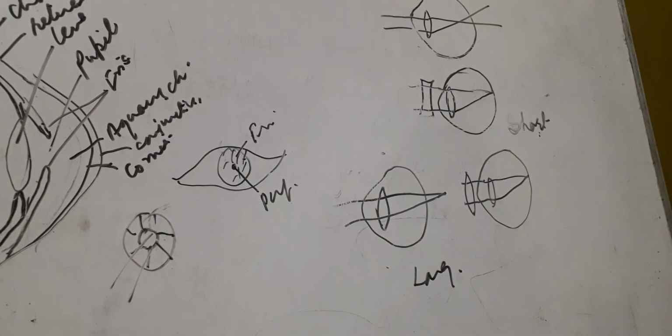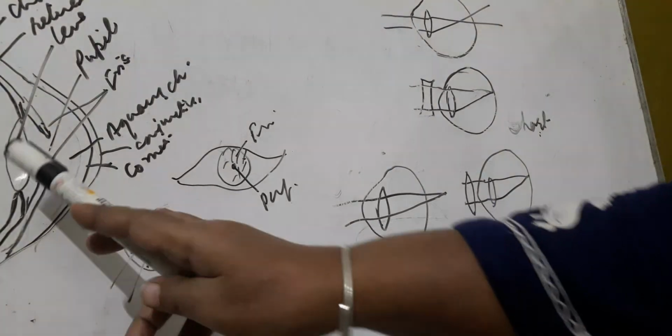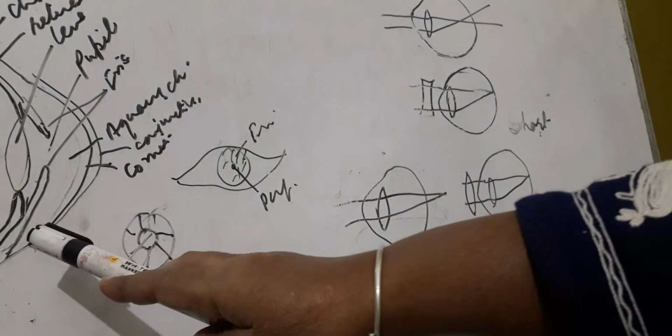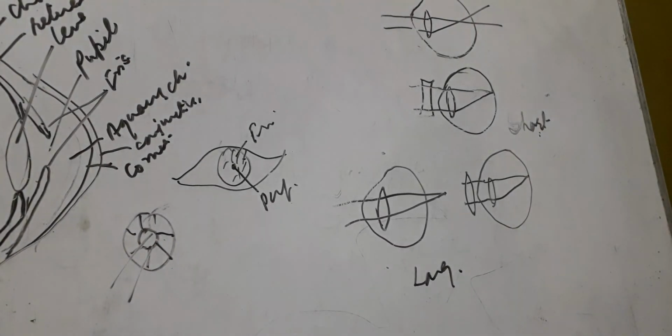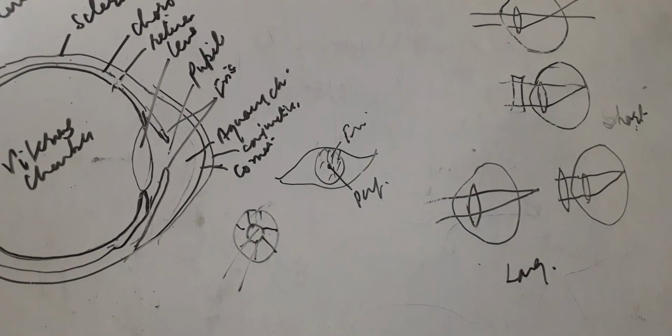Color blindness is genetic, night blindness is nutritional. Other defects are related to the structure of the eye. Cataract, as you know, is when the lens becomes opaque. Squint means a defect of the two eyes, cross eye.